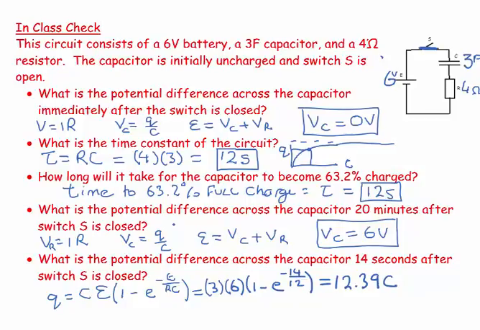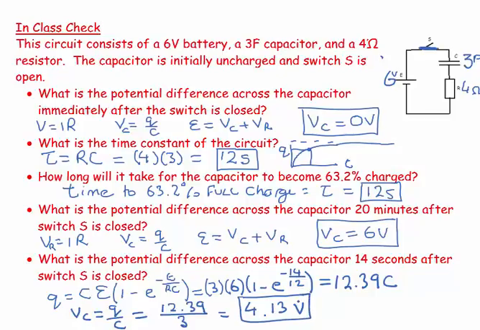So now I'm in trouble squeezing this in, but I can see from here my VC is equal to Q over C, which equals 12.39 over my capacitance. My capacitance is 3, so that's going to equal 4.13 volts.